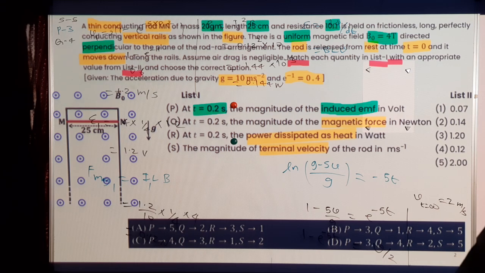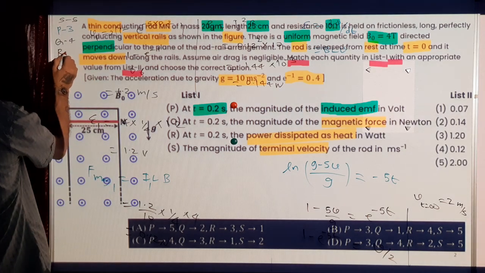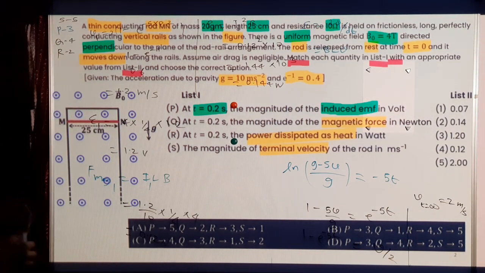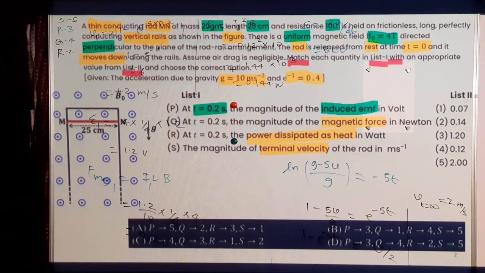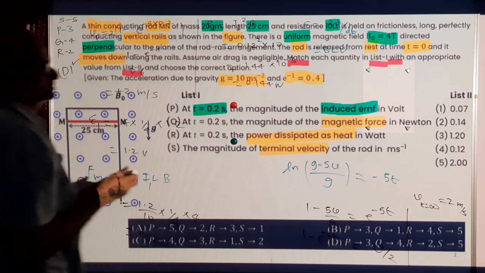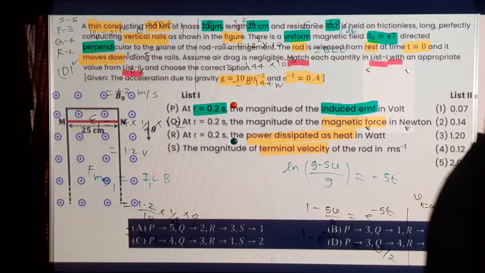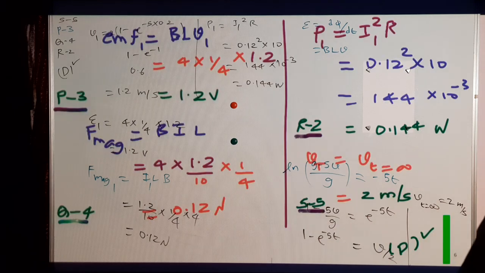So R and 2 is a match. So P3, Q4, R2. So it's option D. Option D is the correct answer.